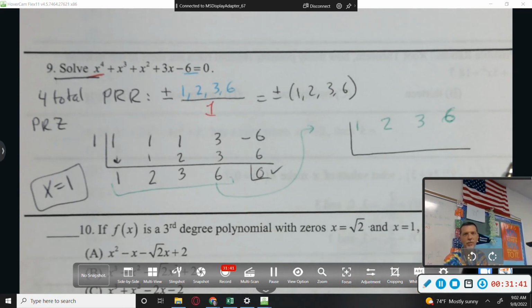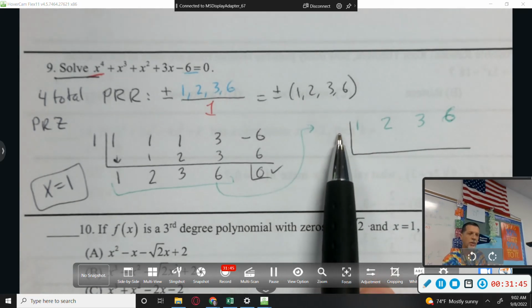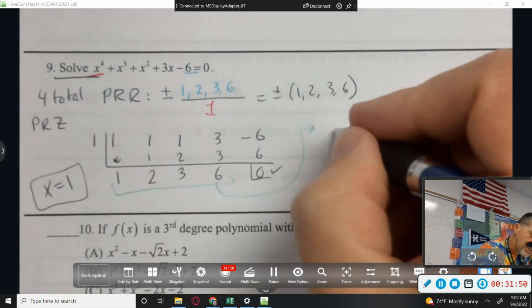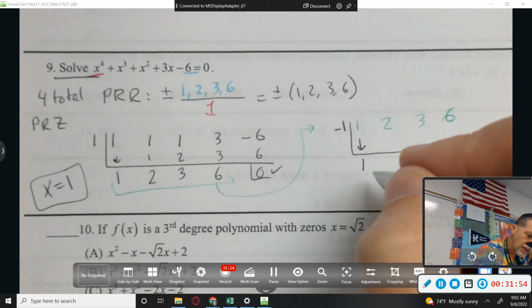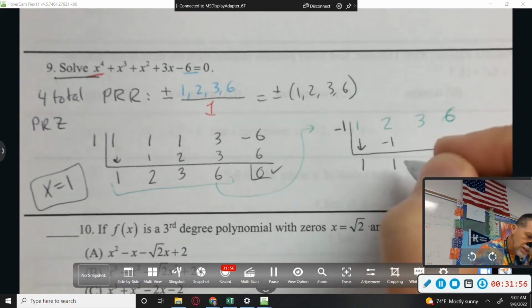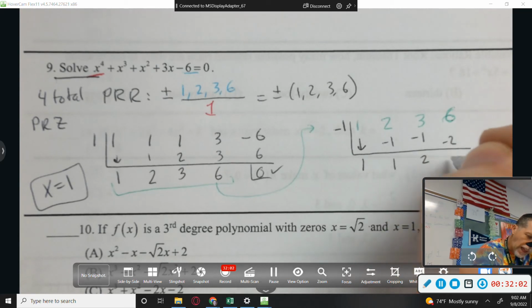I'm never going to land at 0. So I need to try a negative number. I don't know which one, but I need to try a negative number. So let's try negative 1. Dang it, that didn't work, did it?